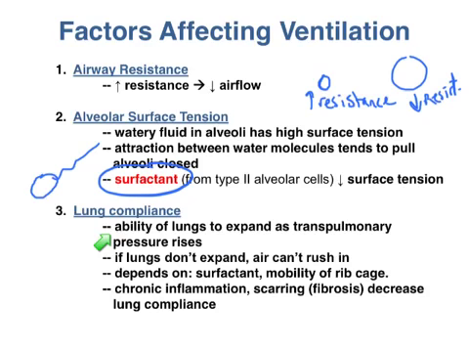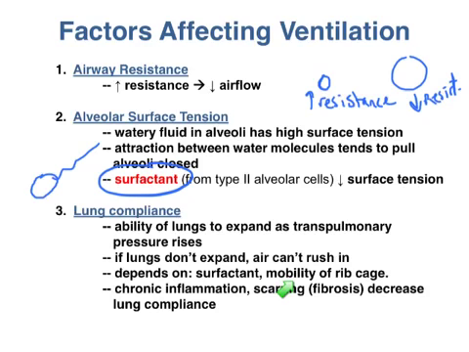It depends on a number of different things. So surfactant is one important factor. Because remember, it takes more energy to open up the lungs if they've completely collapsed, if you're fighting water surface tension, and surfactant reduces that surface tension. It also depends on the mobility of the rib cage. If you cannot contract those external intercostal muscles, then you can't expand the thoracic cavity as well.